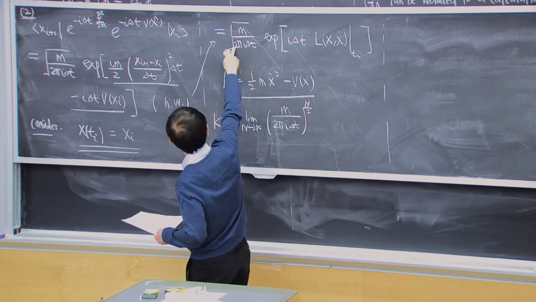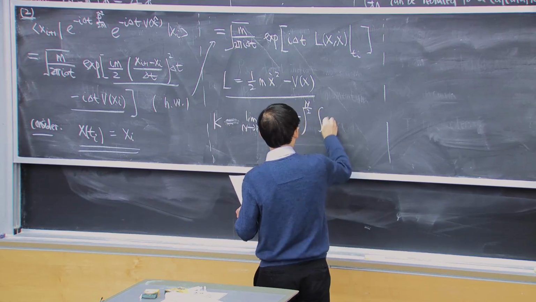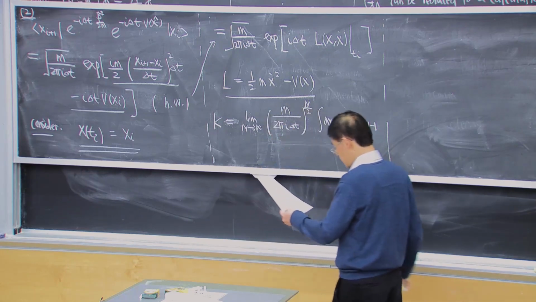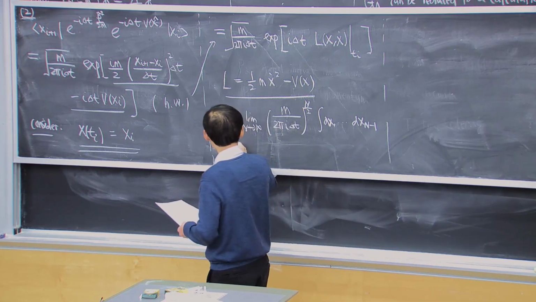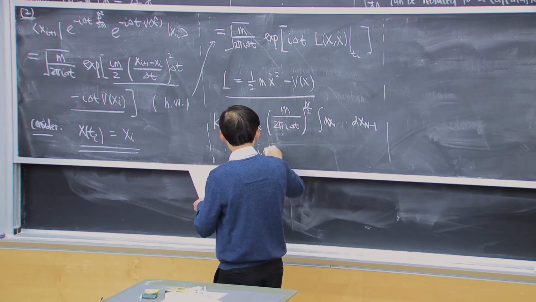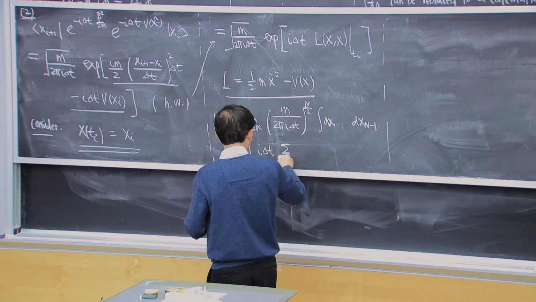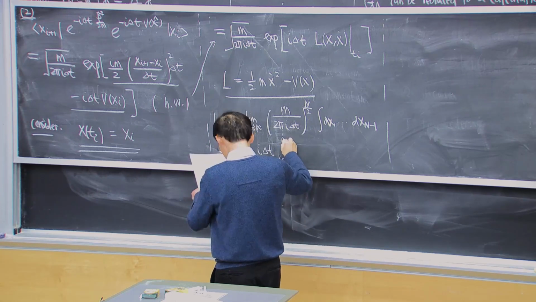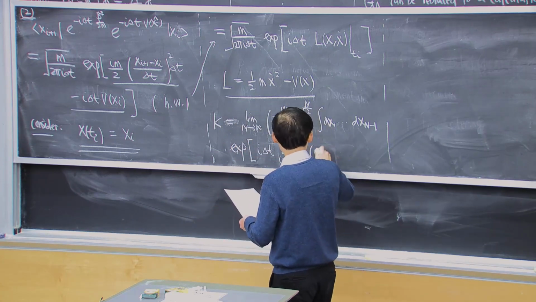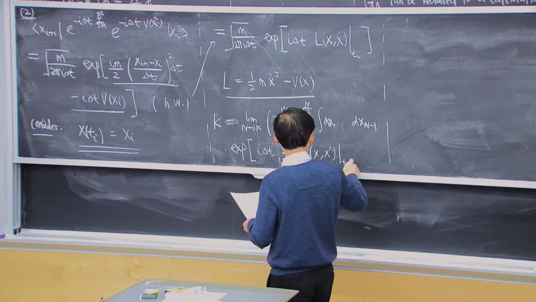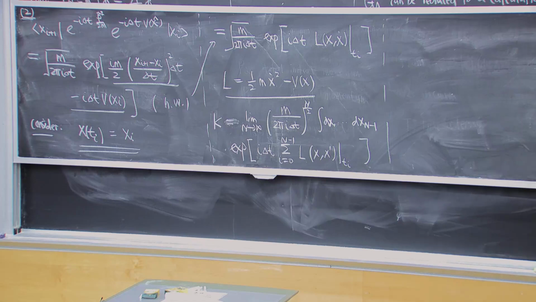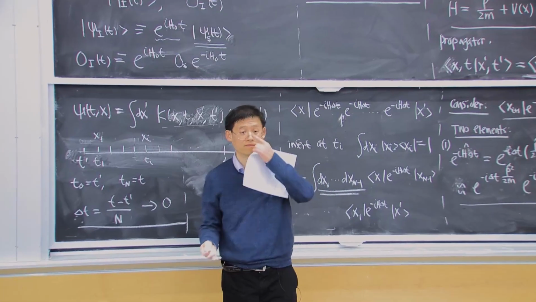Each one gives you a square root, and then you have dx1 through dx_{n-1}. But now the integrand becomes the exponential of i delta t times the sum over i from 0 to n minus 1 of the Lagrangian at t_i, because the product in the exponential just becomes a sum.